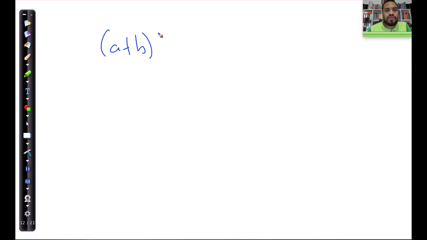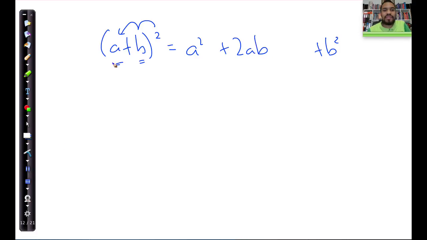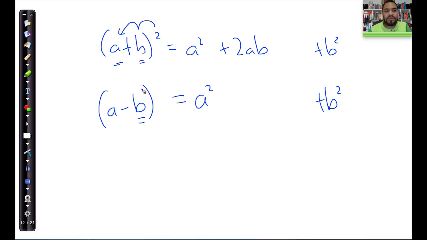So let's quickly look at the square of a binomial. If I have a plus b all squared, this is the first term squared, a squared, the last term squared, b squared, plus 2 times a times b. Similarly, if I square a minus b, we take the first term squared, a squared, and the last term squared, b squared, and then minus 2ab.